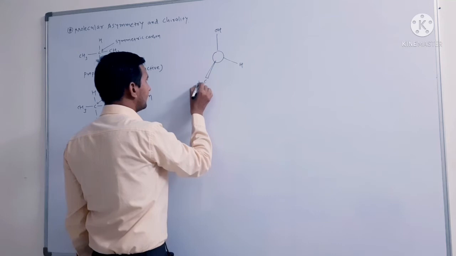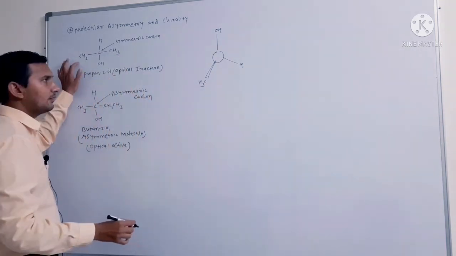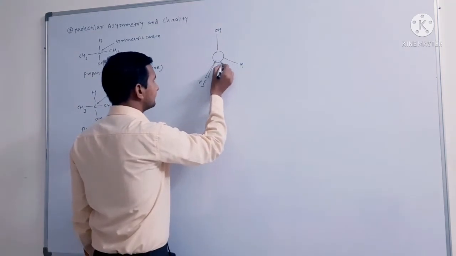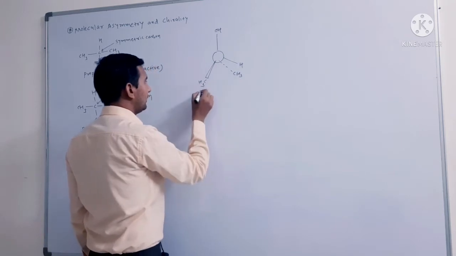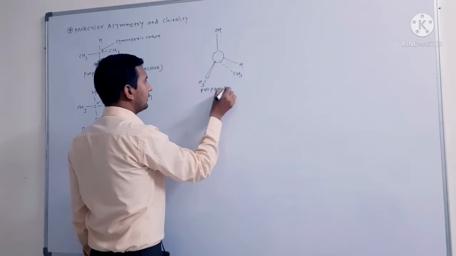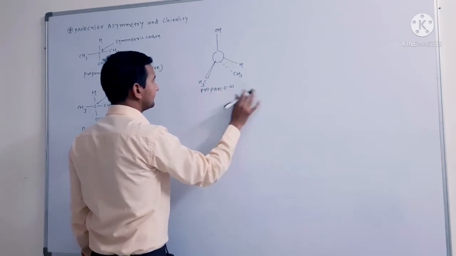This is a methyl group, CH3. The remaining one is another methyl group, CH3. This is propan-2-ol.